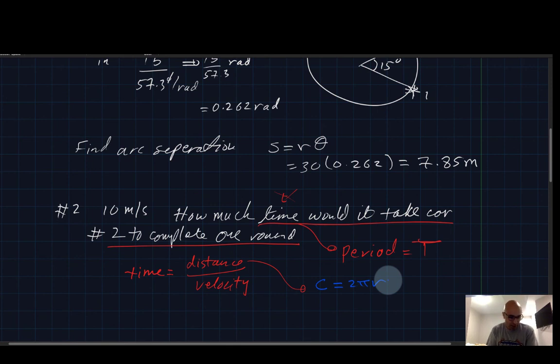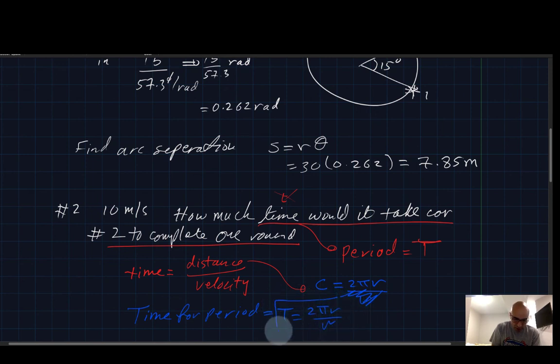Okay, that's nice. And the velocity is given. I can't write this down here, because if I do, then that's not the circumference anymore. So we can say that the time for one period, which is tau, is equal to 2 pi r divided by the velocity.